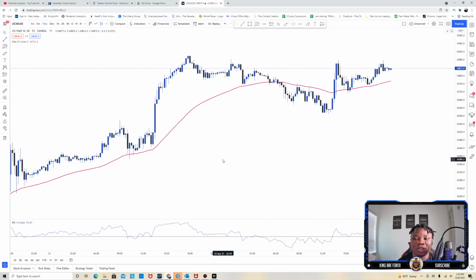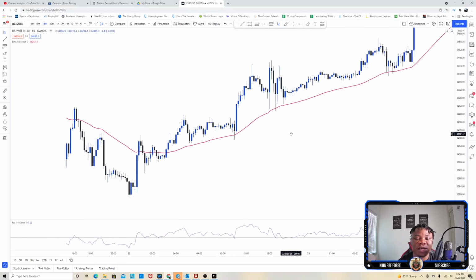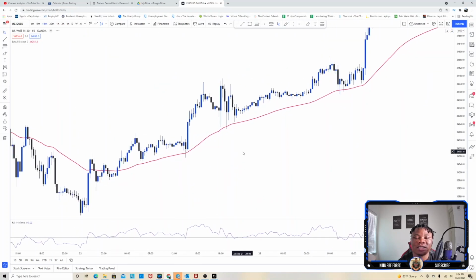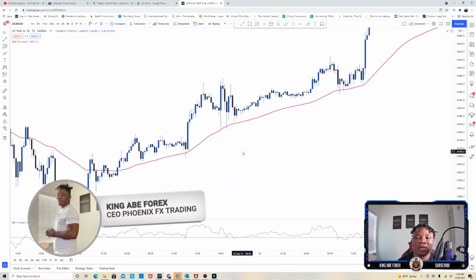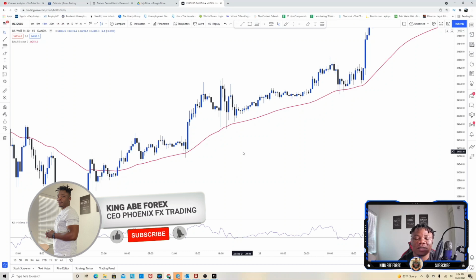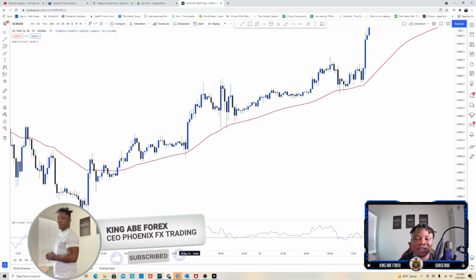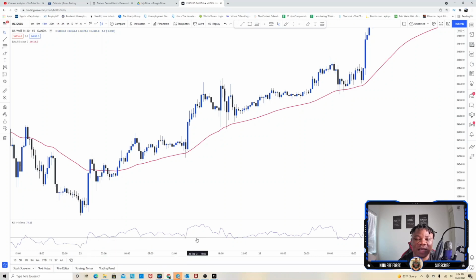Now I'll be showing you guys two examples. I'll be showing you guys a buy example and a sell example. Now if we take a look right here, we can see once price is above the 55 EMA, we're only looking to take buy positions. That's all we're looking to do. And if the RSI is above the 50 line, that's the second confirmation that we need.